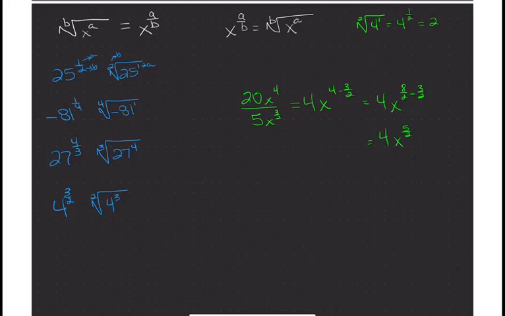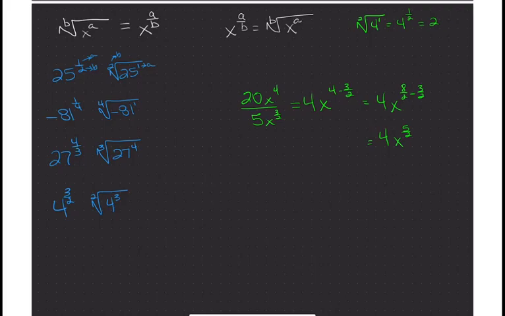So the big part on this problem that we wanted to focus on, and why we gave it to you, was this 5/2 only refers to the x, right? This 4, it's 4 times x to the 5/2. Granted, if this was all in parentheses, it would apply to the 4, but the way it's written, it does not.